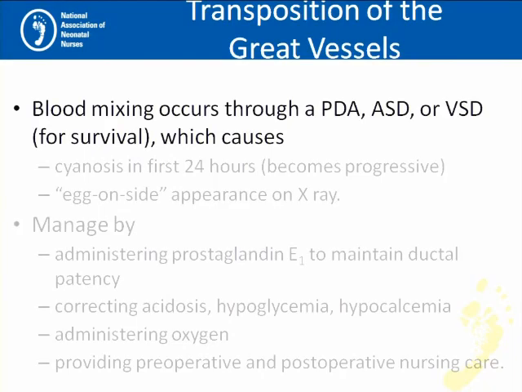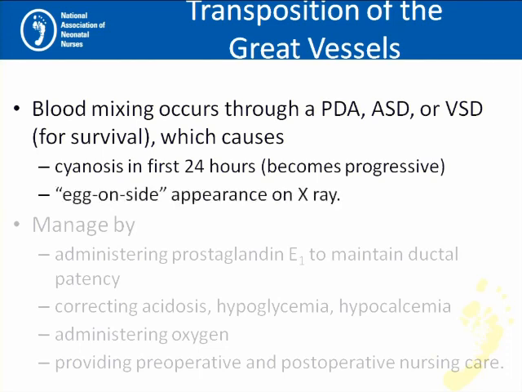Blood mixing must occur through a patent ductus arteriosus, atrial septal defect, which is ASD, or ventricular septal defect, VSD, for survival, which causes cyanosis in the first 24 hours and becomes progressive, and then an egg-on-side heart appearance on the chest X-ray.